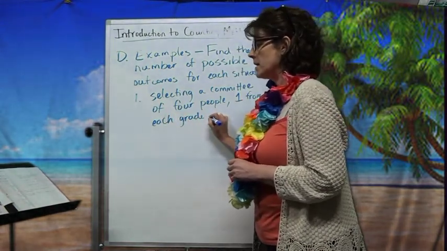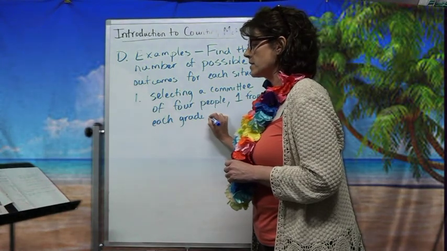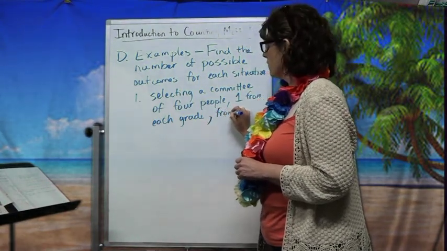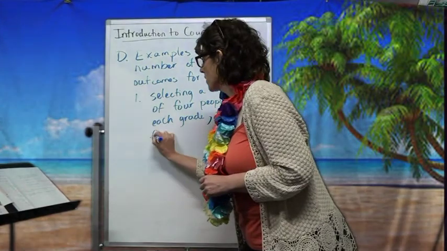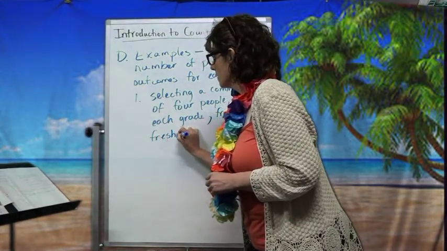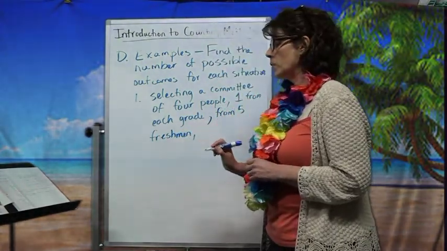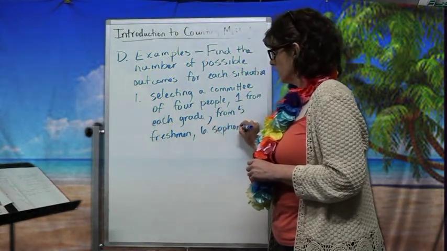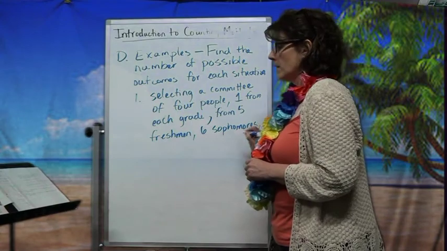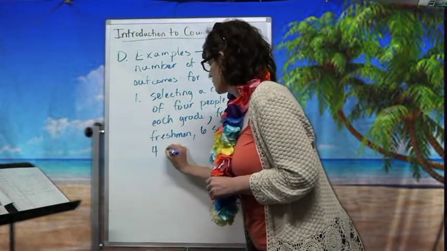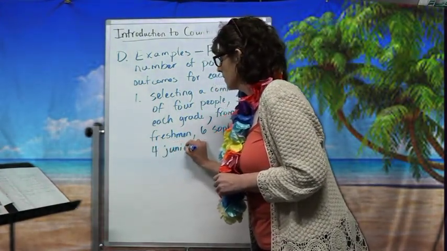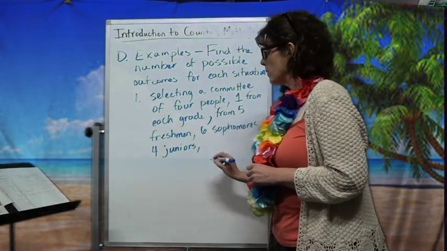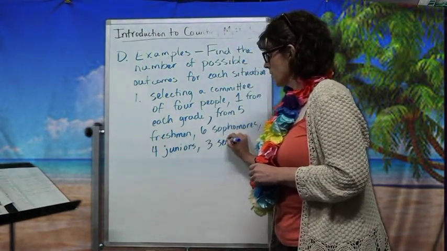And what's going to happen is we've got 5 freshmen to choose from, and we have 6 sophomores to choose from, and we've got 4 juniors to choose from, and finally we've got 3 seniors to choose from.